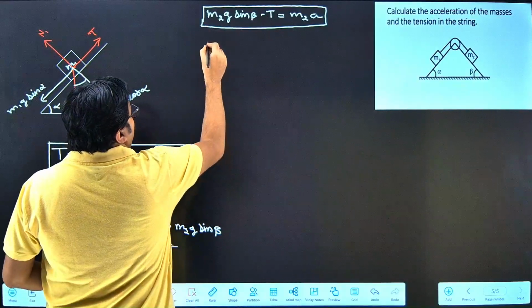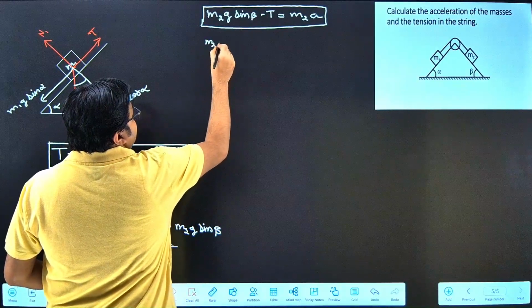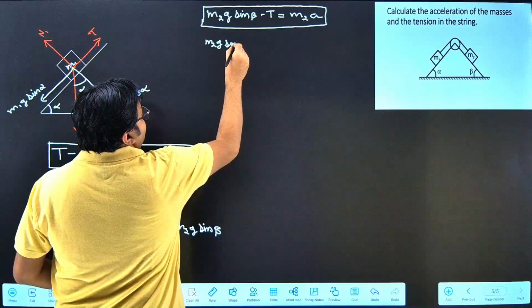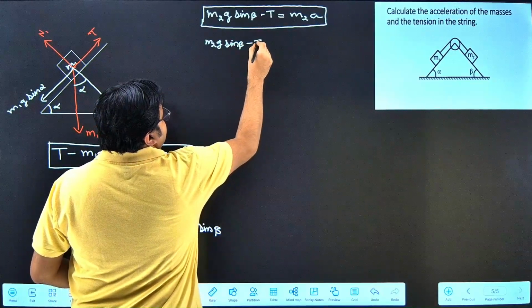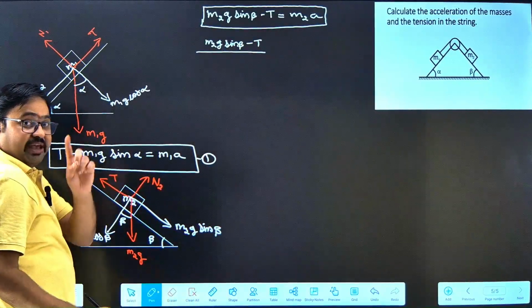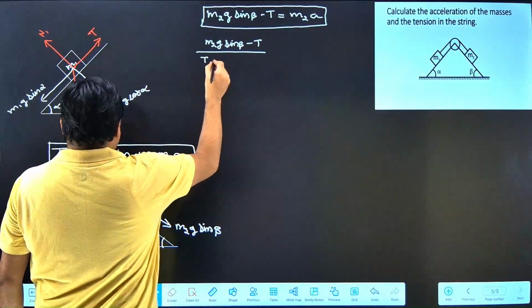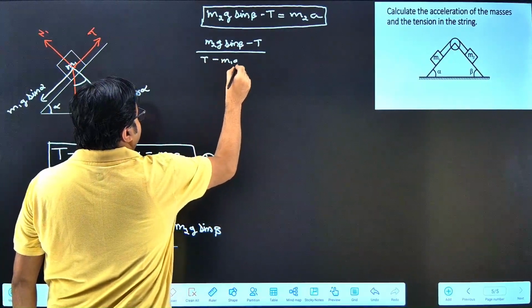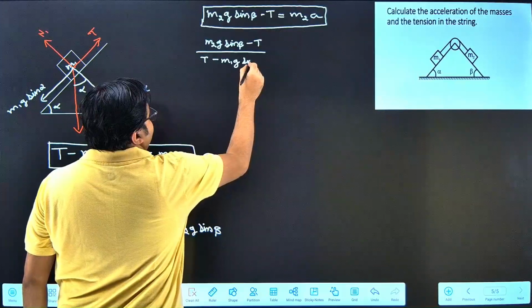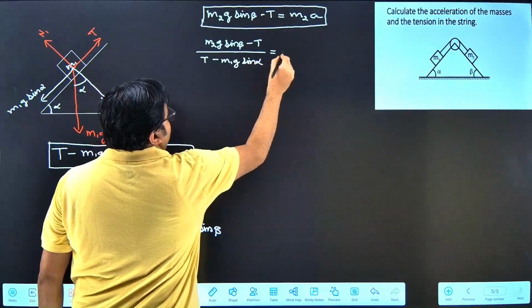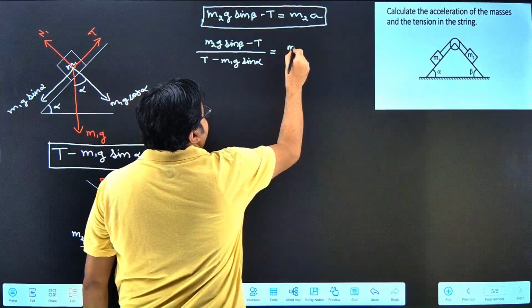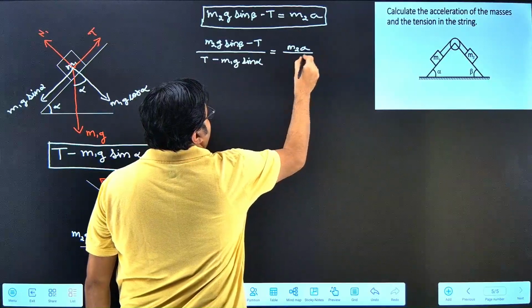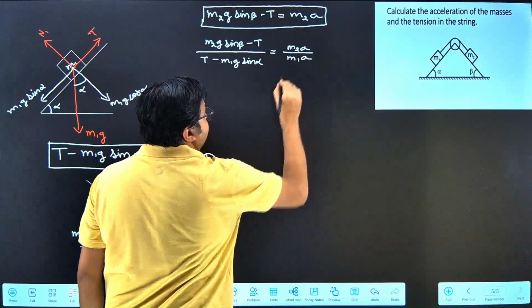Let's do that. I have m2 multiplied by g sin beta minus t divided by, we have t minus m1 into g sin alpha, equal to, we have m2 multiplied by a divided by m1 multiplied by a.